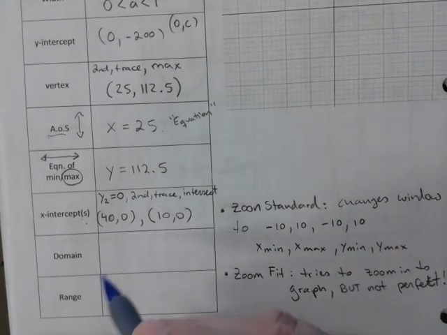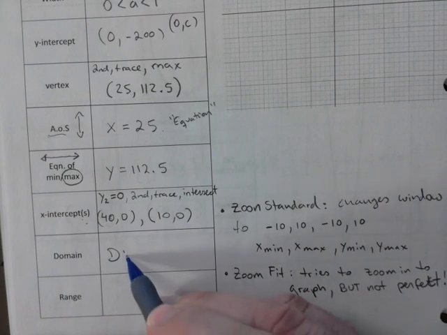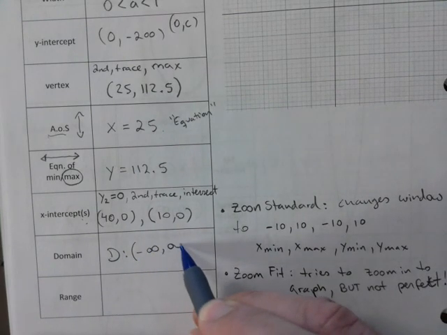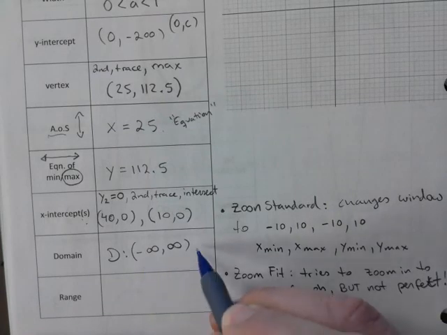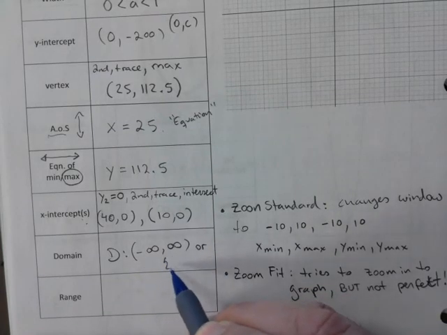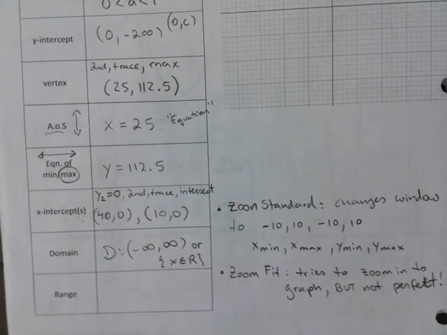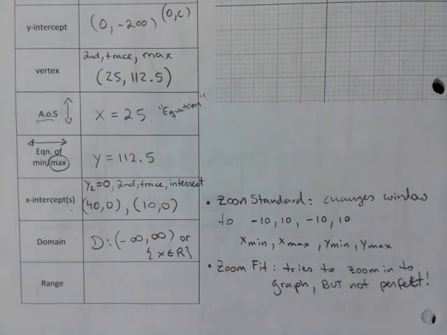So now we're going to state the domain. Domain is, you choose, you want to go negative infinity, infinity, or you can say x belongs to all real numbers. It's not a word problem yet. What would my range be? Do you have something on your study sheet that could help you on that?